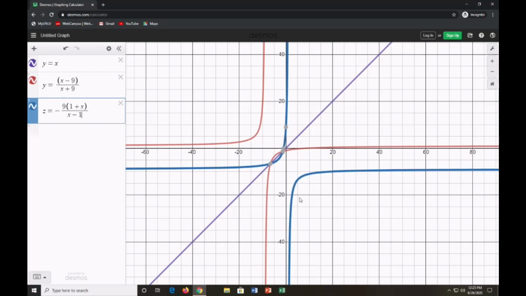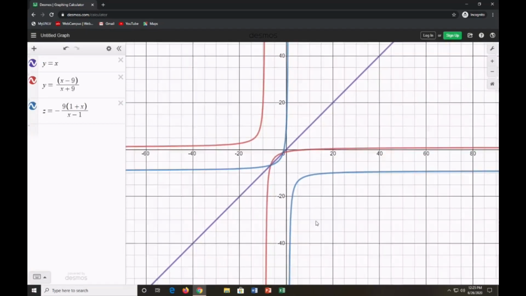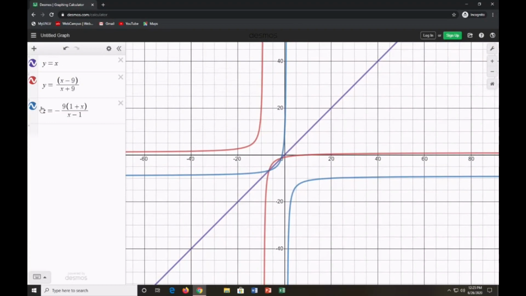Look at that. Because this is also a rational function, it's got two pieces. But look at this piece, the one that I'm tracing with my cursor on the screen. Look at that and compare it with that one, the red one, right? They are mirror images of each other across this slant line you see, which is y equals x.